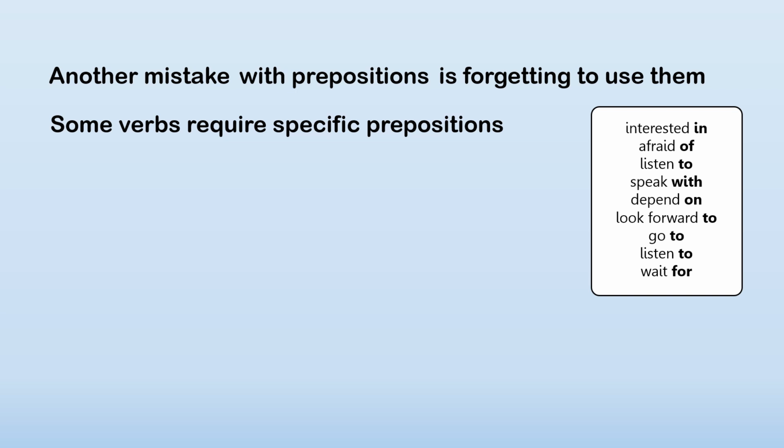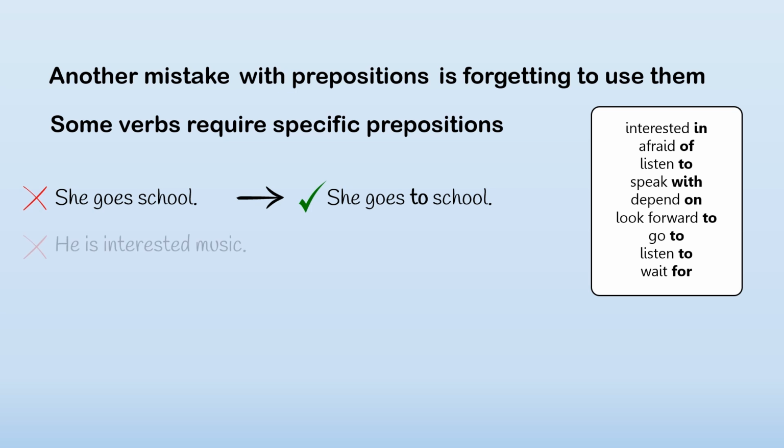Let's correct these mistakes you might commonly hear. Instead of she goes school, we say she goes to school. Instead of he is interested music, we say he is interested in music.